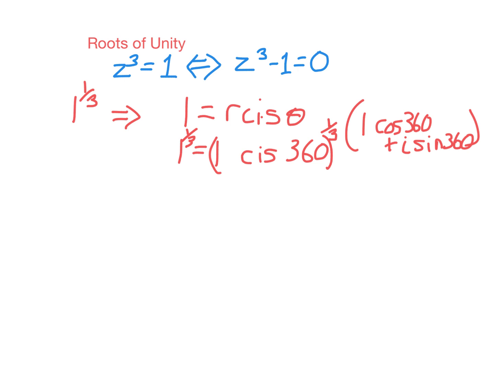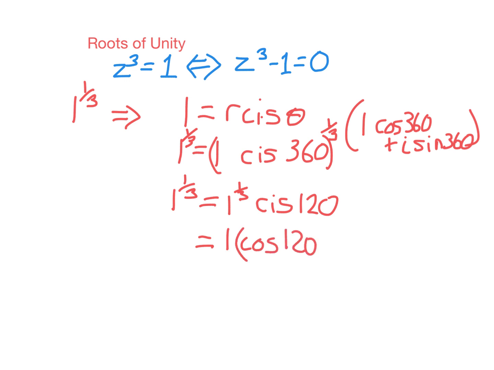So de Moivre's theorem tells us that we can raise r to the power of a third, so it'll be 1 to the power of a third, and we can multiply the angle by the power. So it will be 1 to the power of 1/3 cis of 120. So it will be 1 cos 120 plus i sine 120.